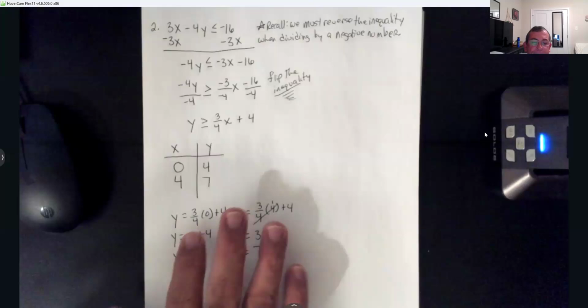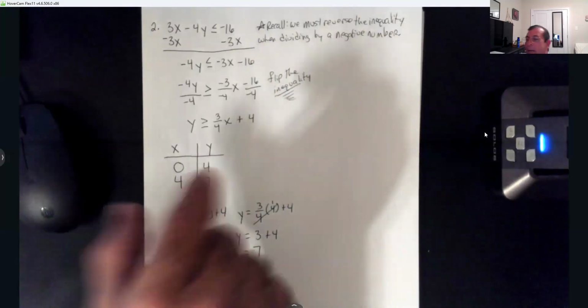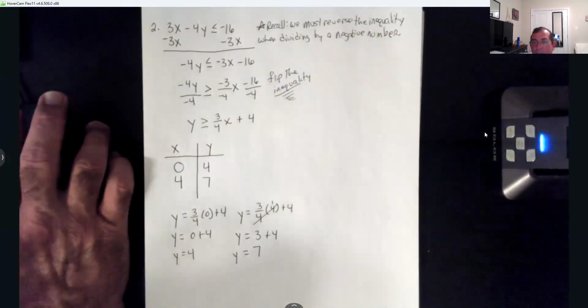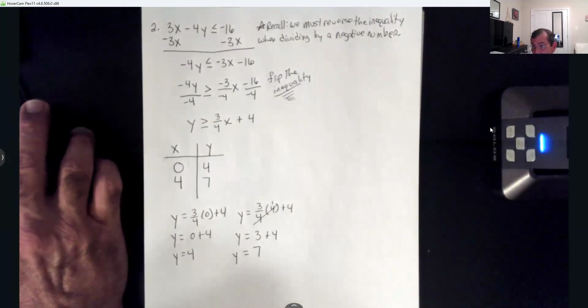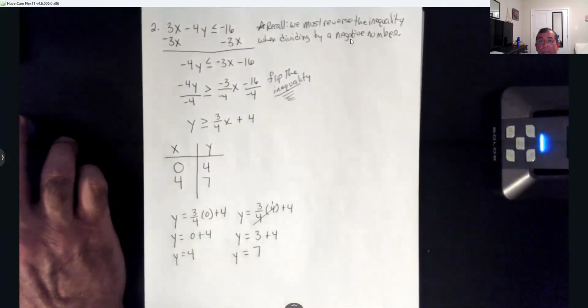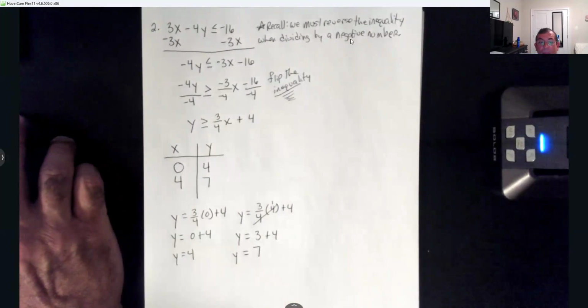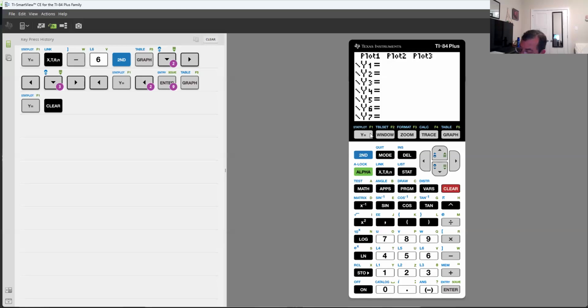But y'all remember, at this point, you can use the calculator to get those 2 points, okay? So let's go look at it on the calculator real quick. So I'm going to go to y equals, I'm going to put in my equation. I had 3 divided by 4 and my x.